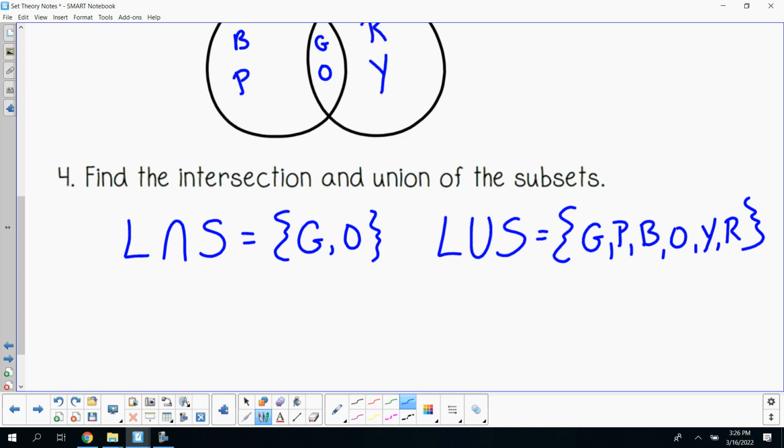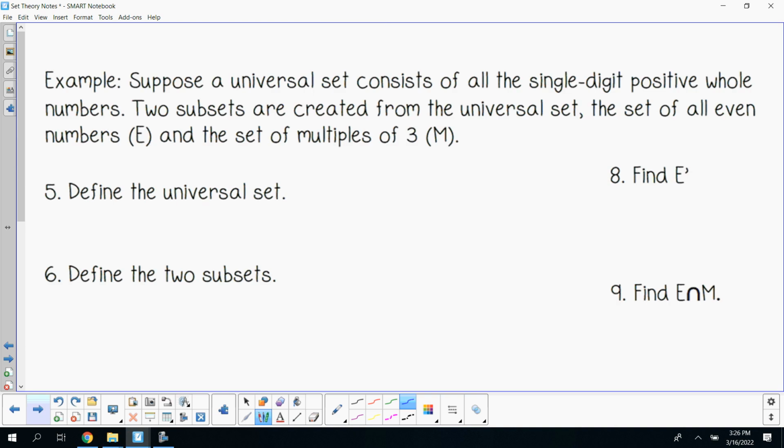So let's talk about the next example. We have a universal set that consists of all of the single-digit positive whole numbers. Two subsets are created from the universal set, the set of all even numbers, E, and the set of all multiples of 3, M. So let's talk about the universal set.